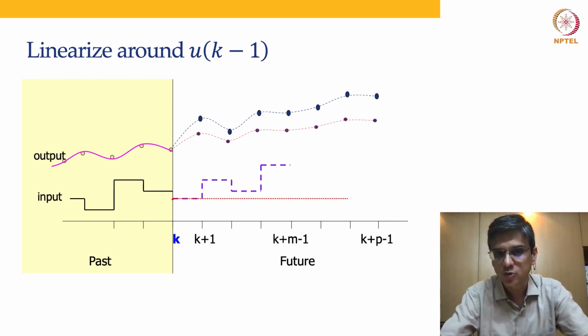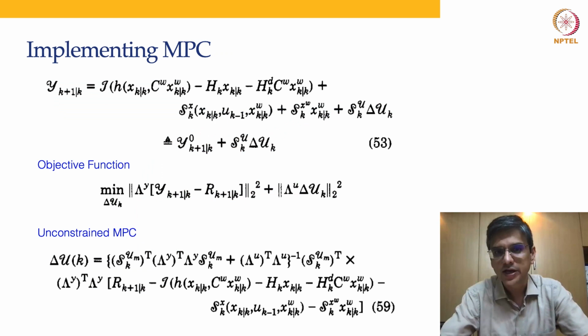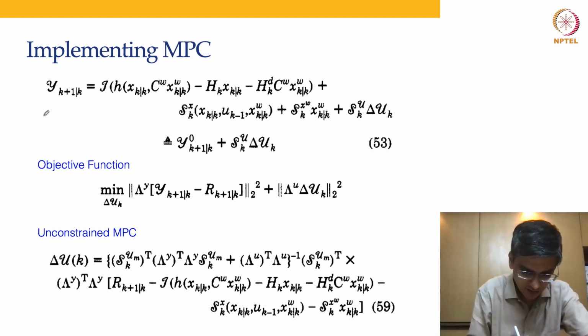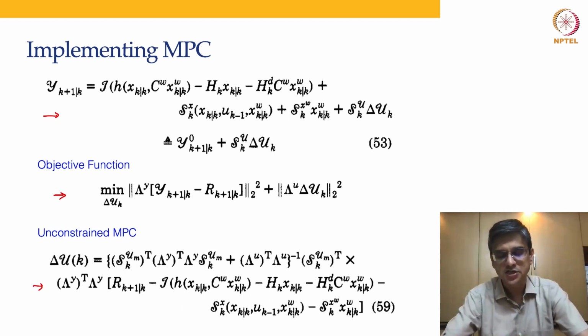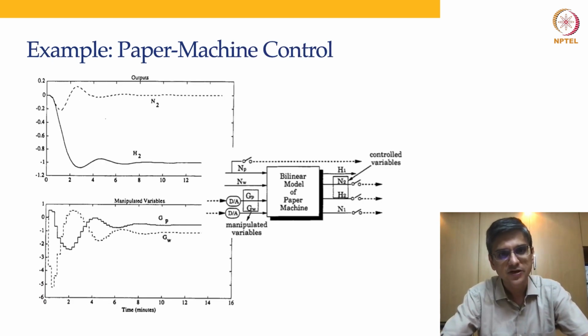We only implement the move at time k. Okay, and it goes on into the future, and again the rest of it is the implementation. This is the prediction equation over here. This is the objective function, and these are the various constraints, and how to write constraints in the standard form for quadratic programming is something that this paper then talks about.